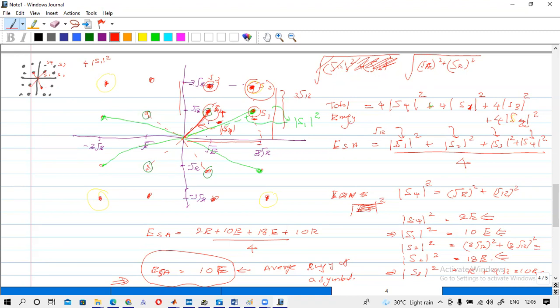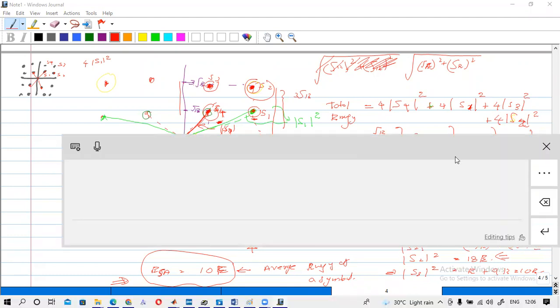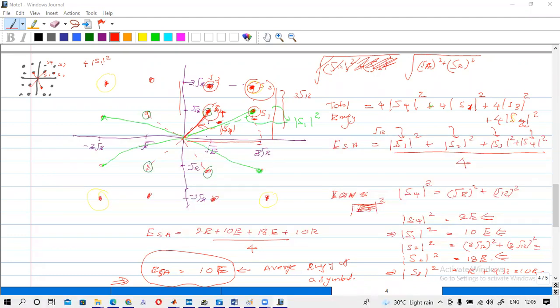In the same manner, if you get this symbol... Okay, let me explain. So this is 4 S1 square.